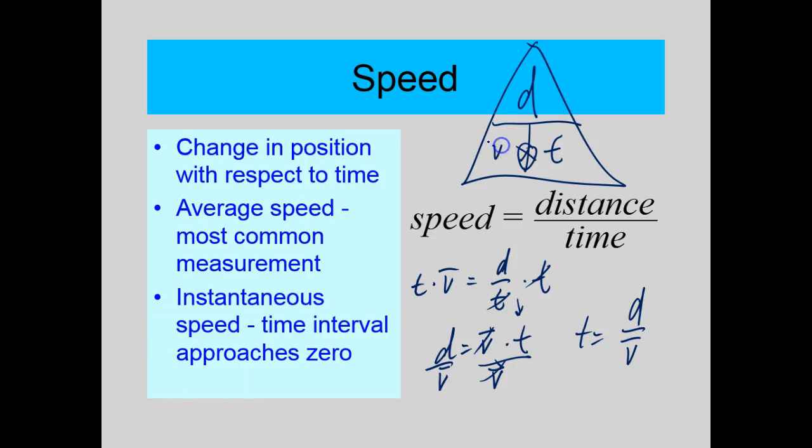V bar. Okay? So if you're looking for average speed, it's distance over time, just like this. If you're looking for time, that's distance over velocity. That's from here. If you're looking for distance, that's speed times time. That was this one right here. Distance equals speed times time. So you can do it that way and not even have to worry with it. But all those work. Okay.